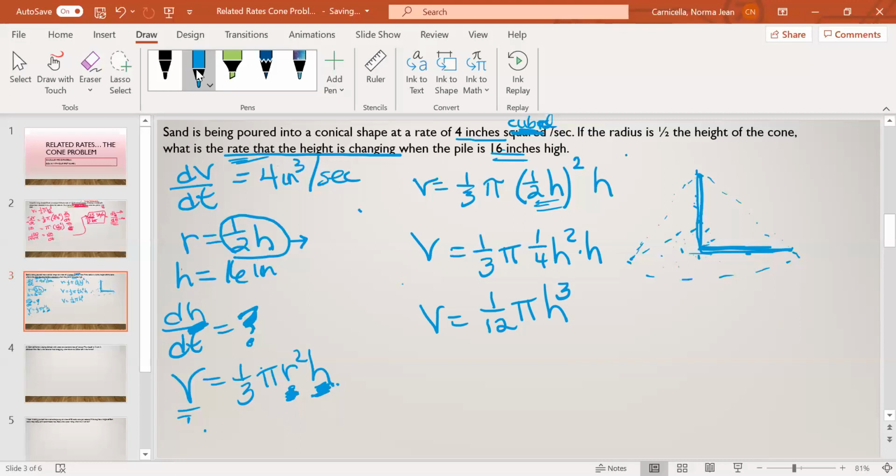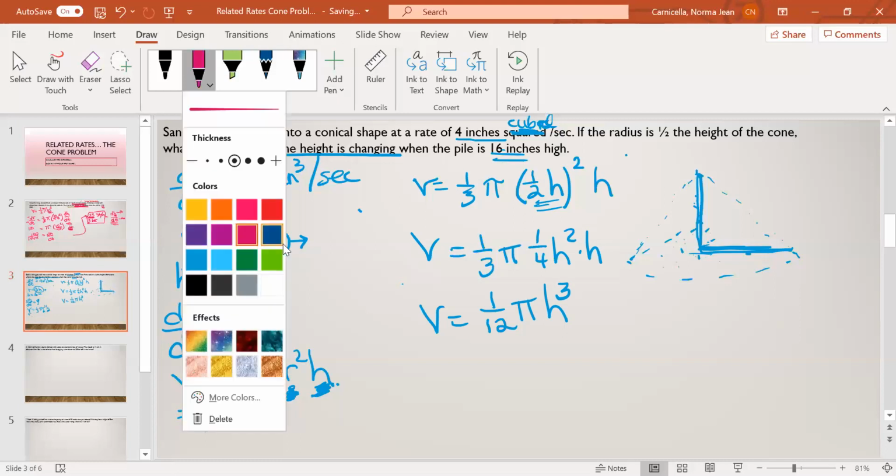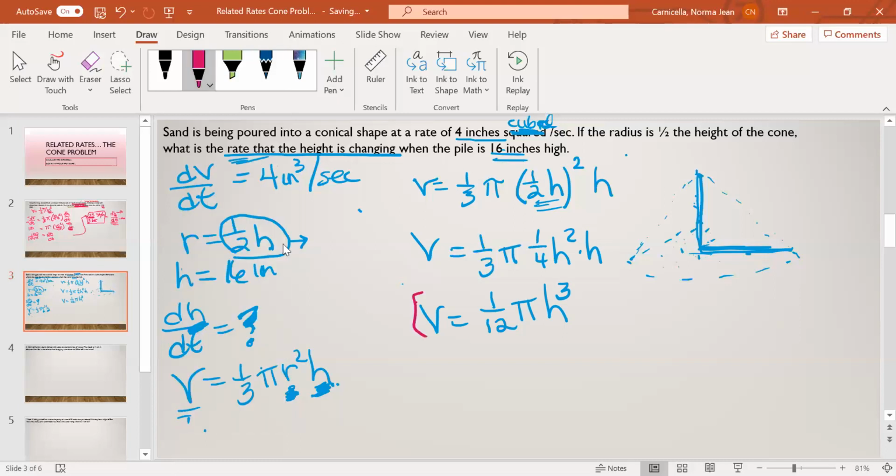Now I can take dV/dt. And that'll give me dV/dt is equal to, well, we know dV/dt. I know it because it's one of my knowns. So I'm going to go ahead and put it in.